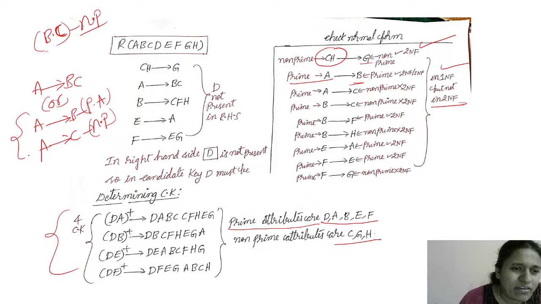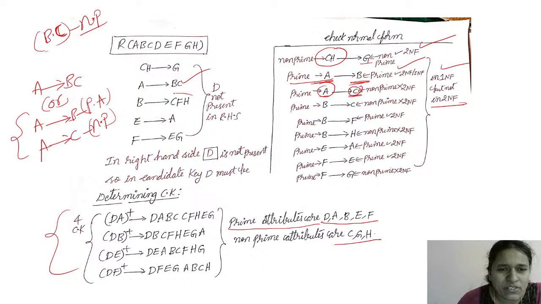But for our clarity, I wrote A to BC as A to B, A to C. Here A to B is in 2NF because A is prime and B is also prime. That means it is in 2NF or 3NF. But A to C is not in 2NF because A is a prime attribute and C is non-prime. That's why this is not in 2NF.